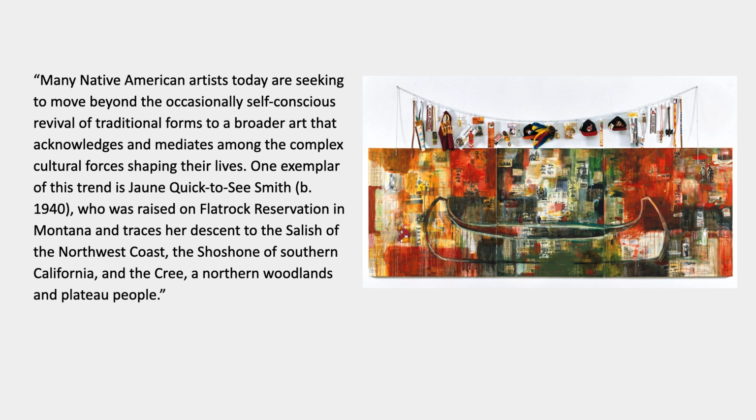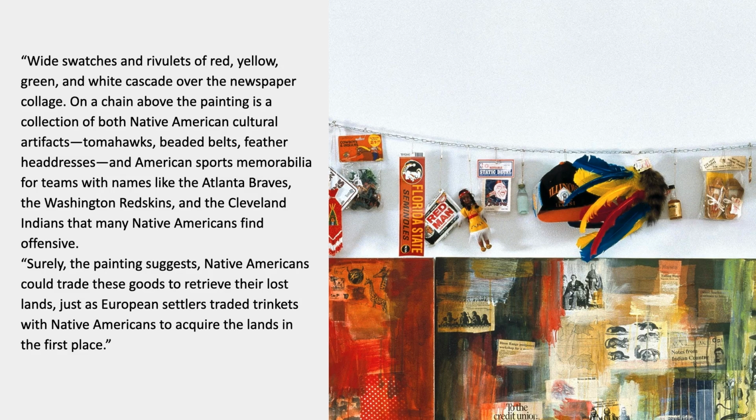One exemplar of this trend is Joan Quick-to-See Smith, who was raised on Flat Rock Reservation in Montana and traces her descent to the Salish of the Northwest Coast, the Shoshone of Southern California, and the Cree, a northern woodlands and plateau people. Wide swatches and rivulets of red, yellow, green, and white cascade over the newspaper collage, which you can see on the bottom.